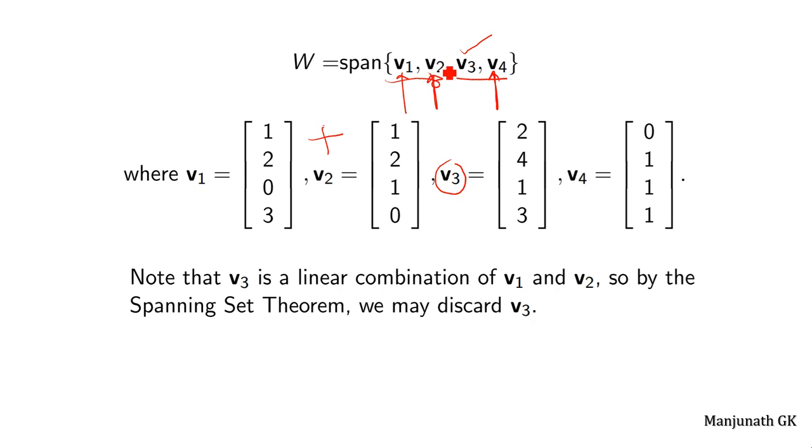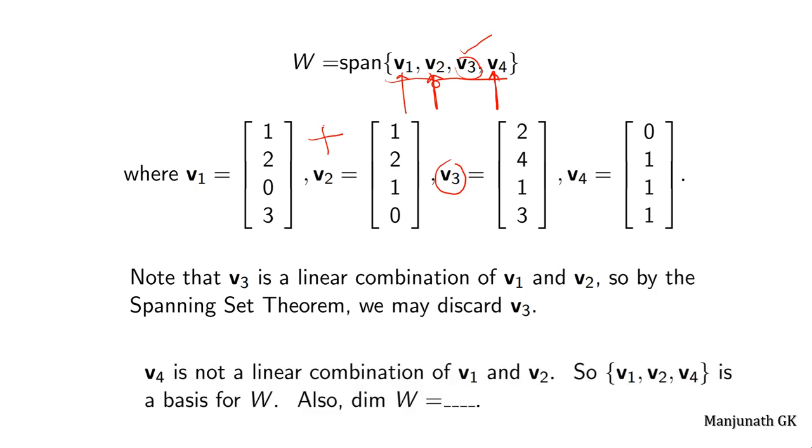It depends on v1 and v2, but v1, v2 and v4 cannot be expressed in terms of the other vectors. So out of these four vectors, v3 is redundant. Then what is the basis for these vectors? The basis is only v1, v2 and v4. Then what could be the answer for the dimension of this vector space?